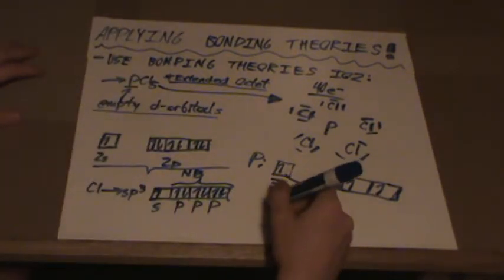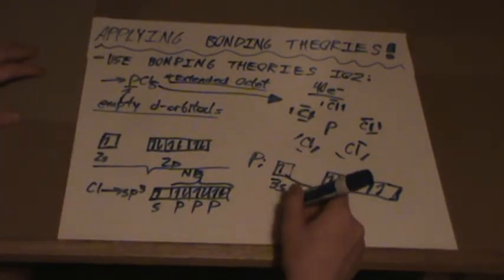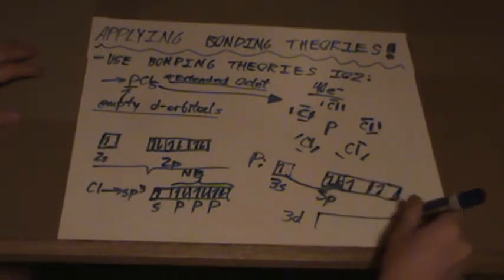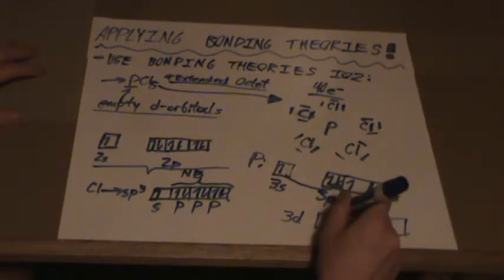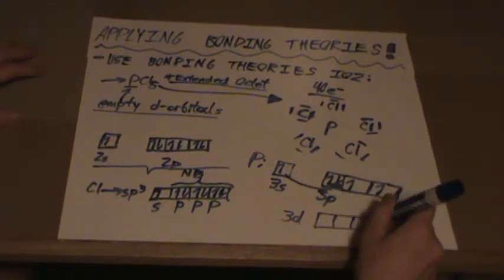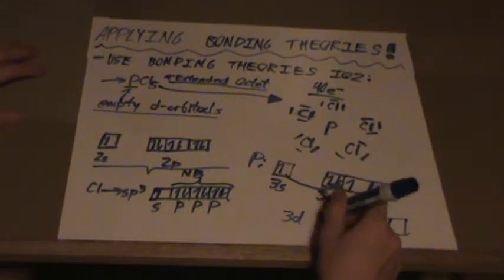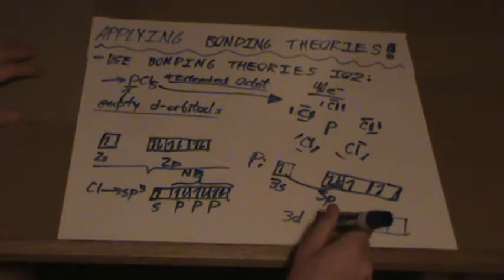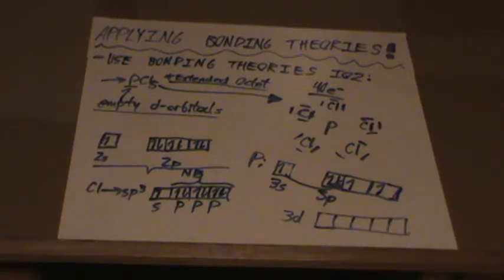And so if we draw out the 3d orbital, as we know, the d sublevel has 5 component orbitals. Because it's only phosphorus, no electrons have been added there until we get to scandium, which is, I believe, atomic number 21.